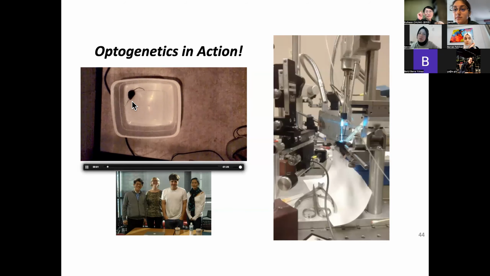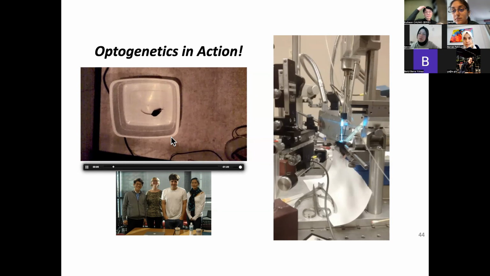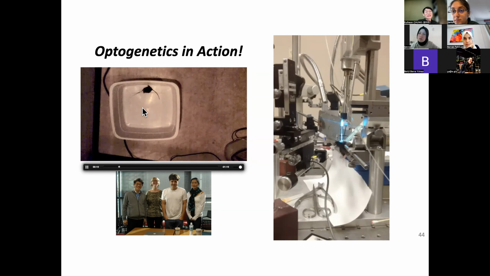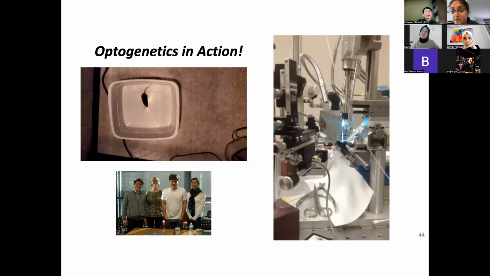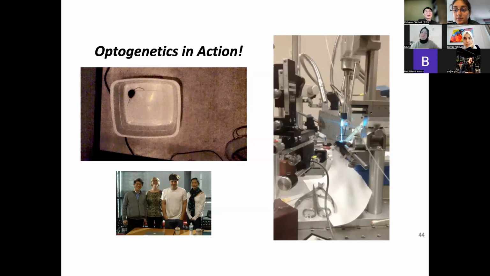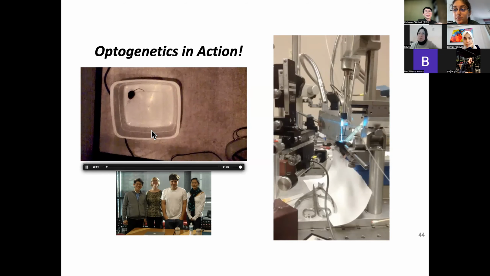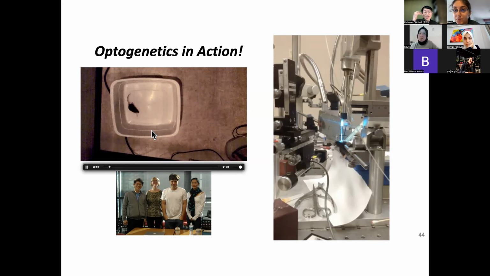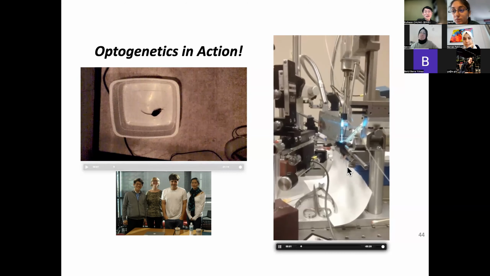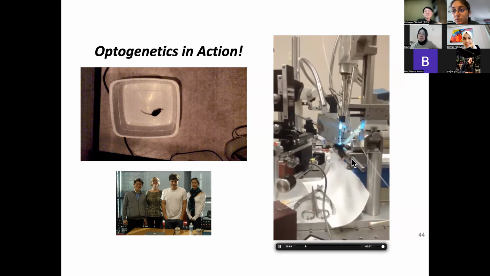When you put these optogenetic genes in the motor cortex and shine the light, the animal will move their limb automatically. Look at that. On, they move. So now we are using light, optogenetics, to control the movement of the animal.